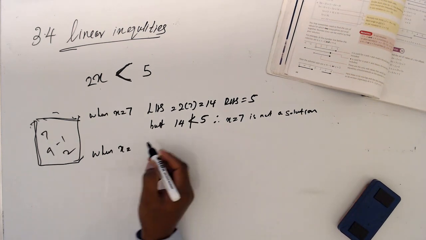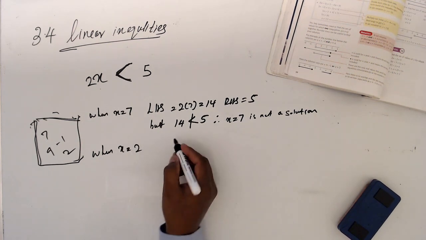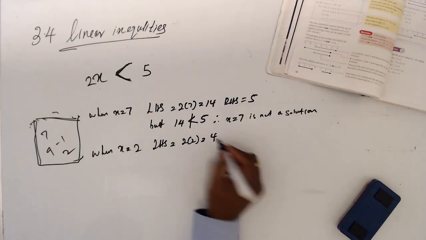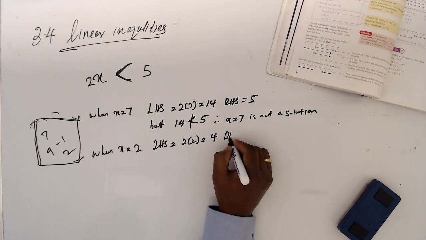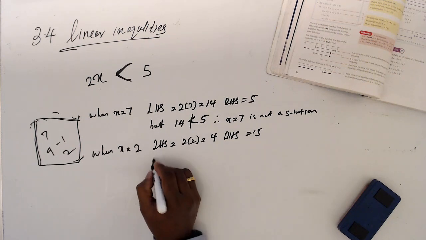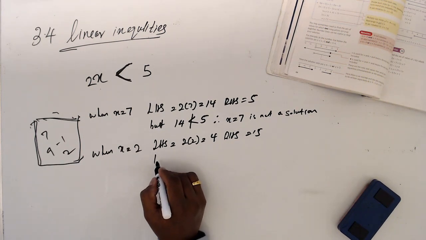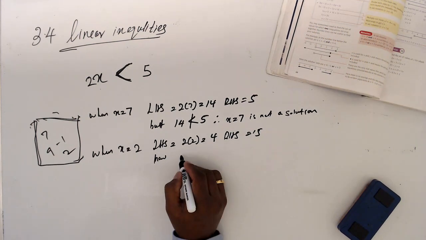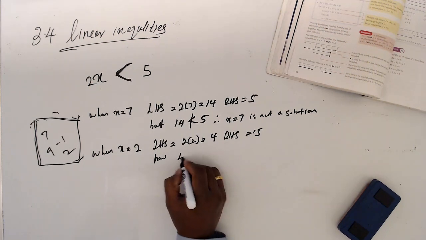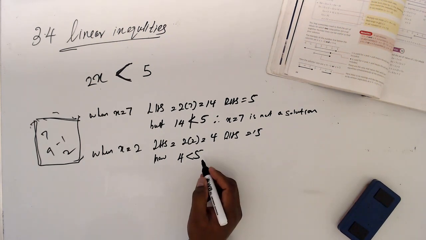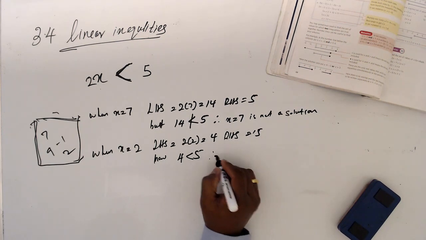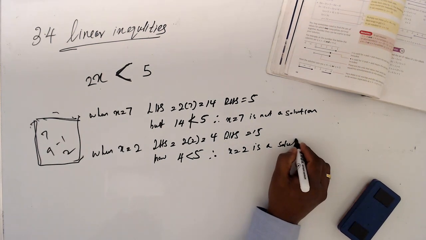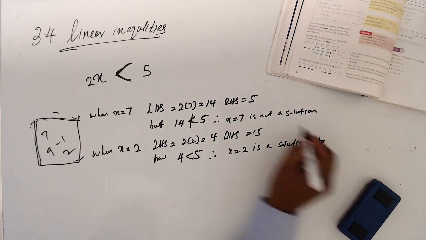When x equals 2, LHS equals 2 times 2, 4. RHS equals 5. Now, 4 is less than 5. Hence x equals 2 is a solution.